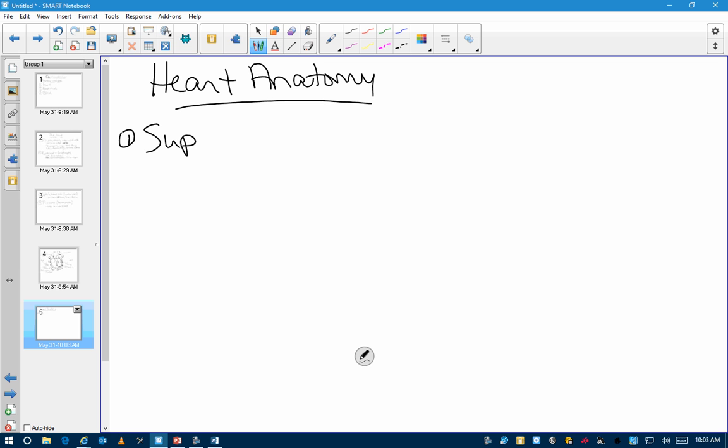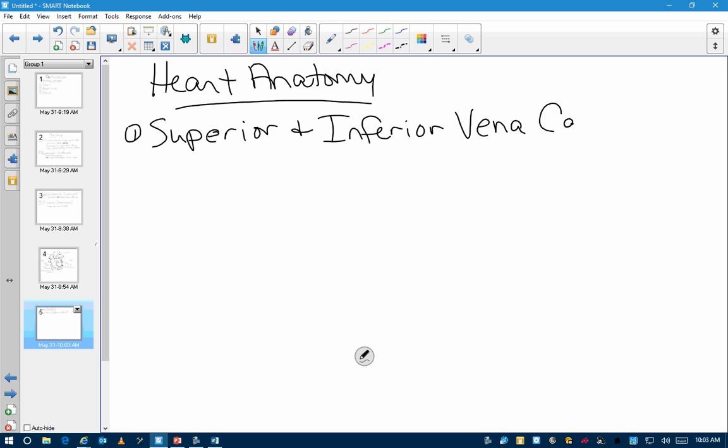So superior and inferior vena cava. These are veins, and they bring blood from the body into the heart.